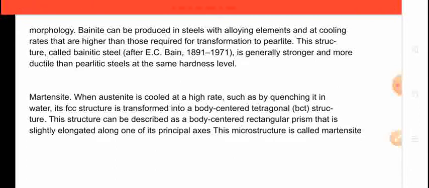This structure can be described as a body centered regular prism that is slightly elongated along one of its principal axes. This microstructure is called martensite. You have to learn BCC, FCC, BCT and other metal structures. By learning the iron carbon diagram and metal structures, you will be better able to understand these structures.